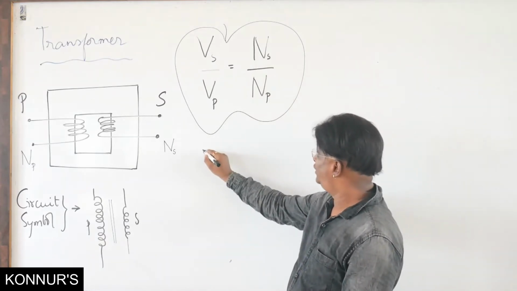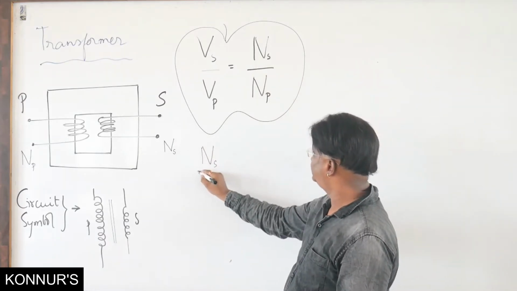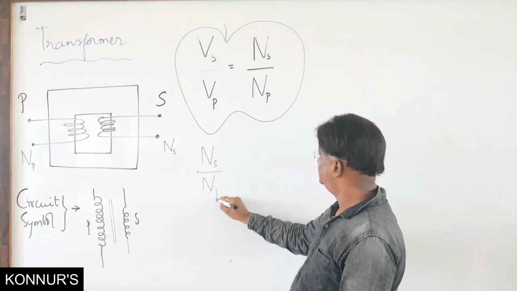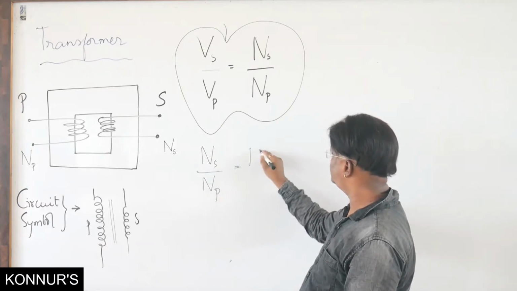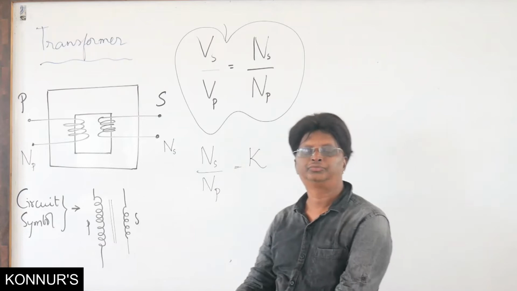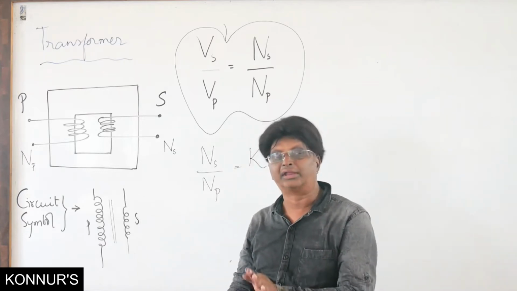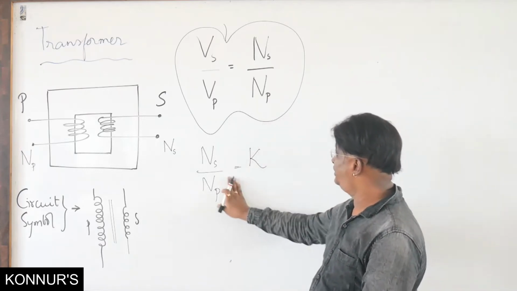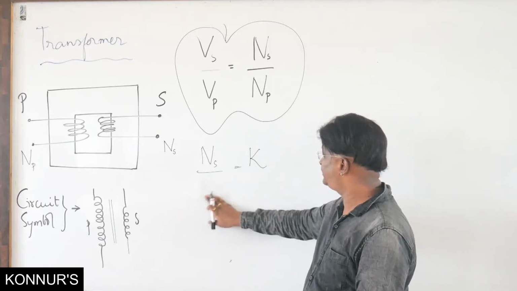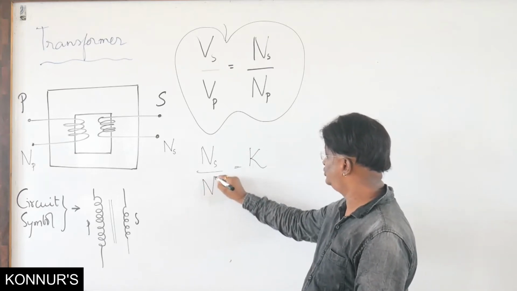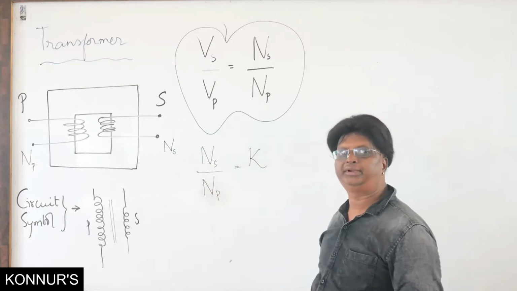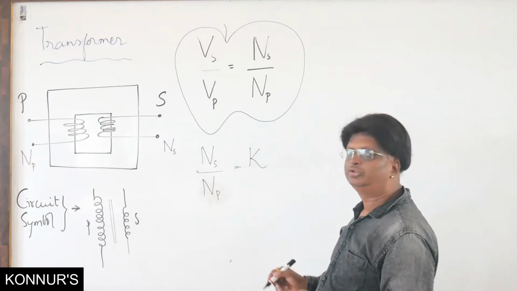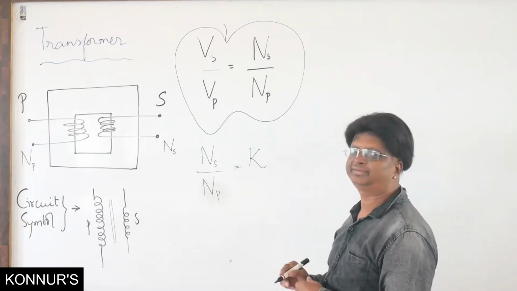This factor Ns by Np is called the transformer constant or transformer ratio. Ns by Np is very important. Whenever the transformer ratio is given, this order is important. It is Ns by Np, not Np by Ns.